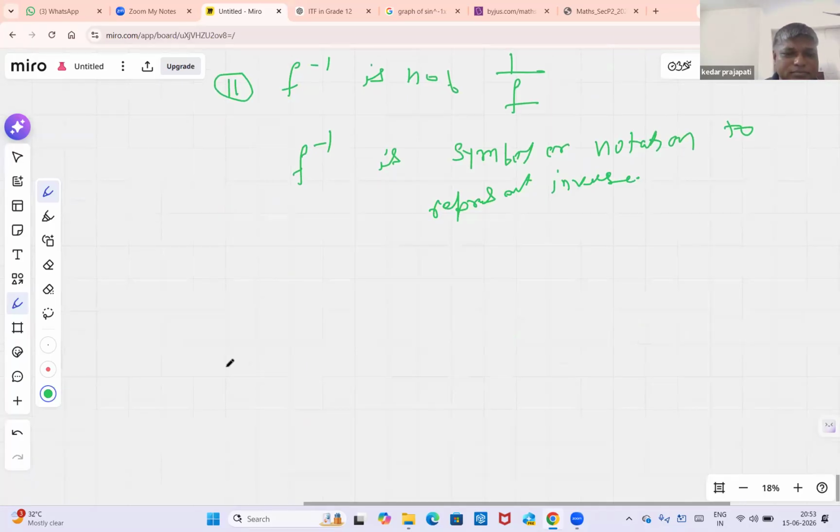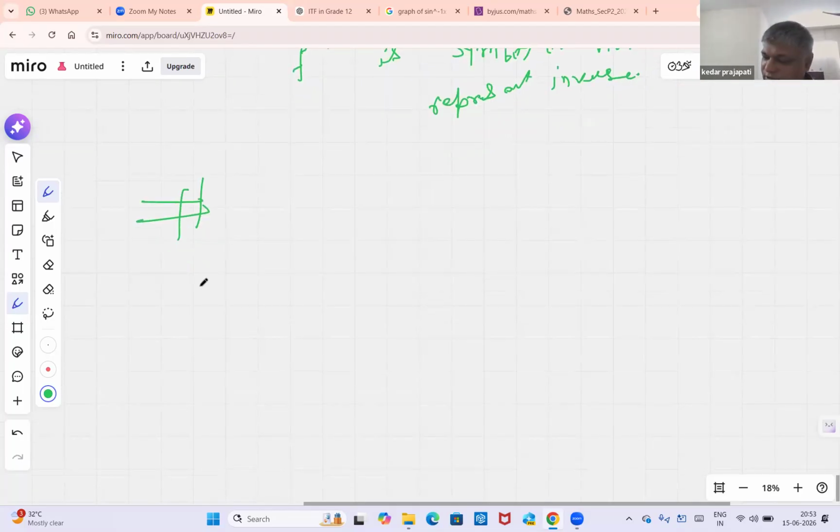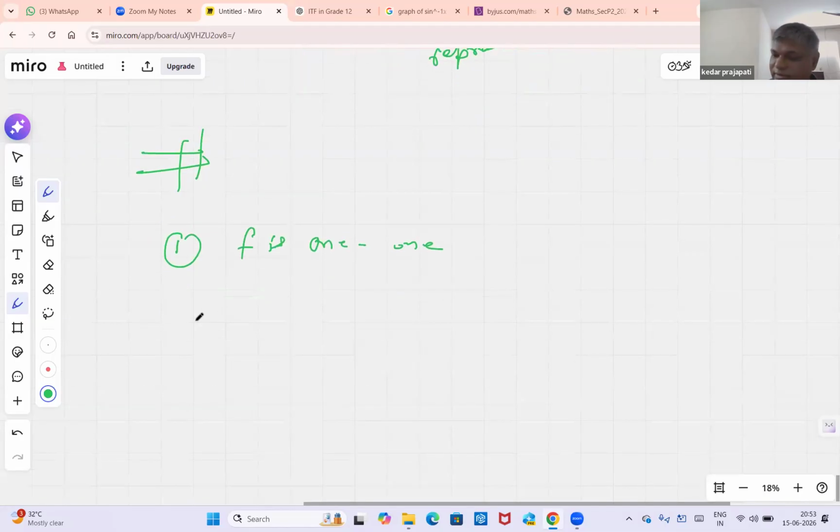And inverse of a function exists only when the function is one-one and onto. One question will come from here, so let me explain now. For inverse, the function should be one-one and the function should be onto.